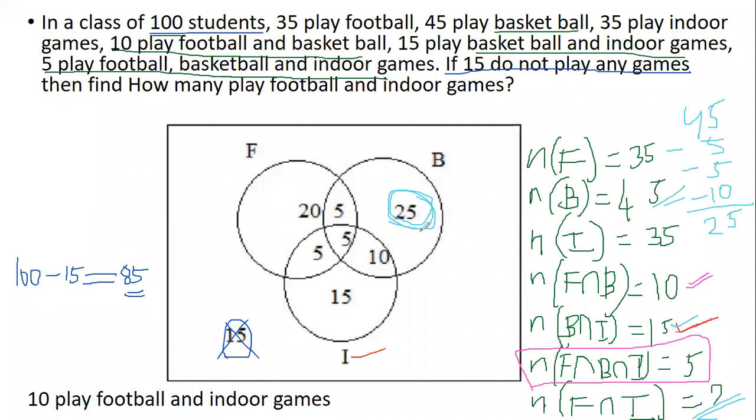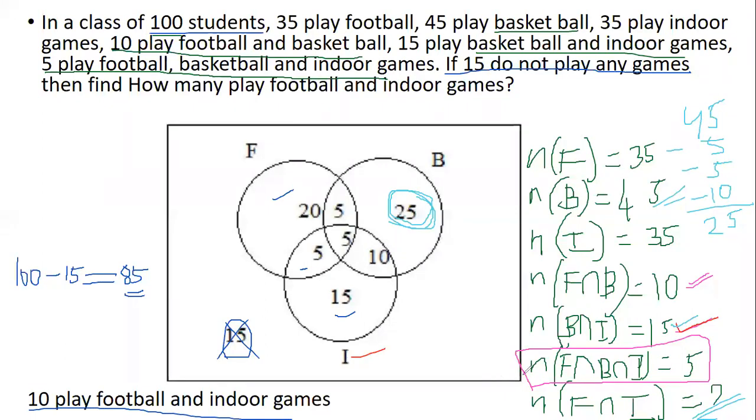Now coming to F, just a second. Good that everybody is understanding. Now let us try to find out only I and only F. Then we will be able to get this 5 plus 5, 10 who play the intersection part.